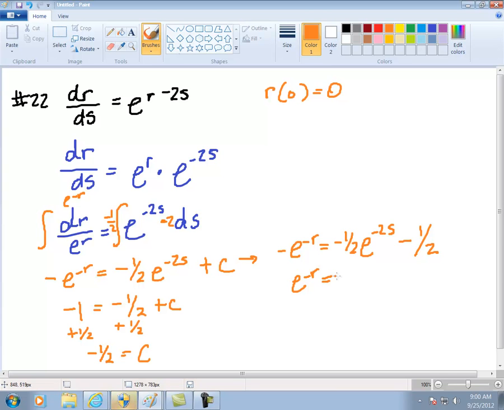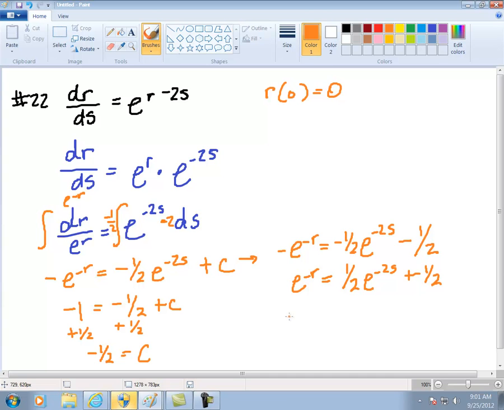e to the minus r equals 1/2 e to the minus 2s plus 1/2. All I'm doing here is just getting rid of my negative sign on everything. Okay? And now, in order to solve this for r, I can natural log both sides.